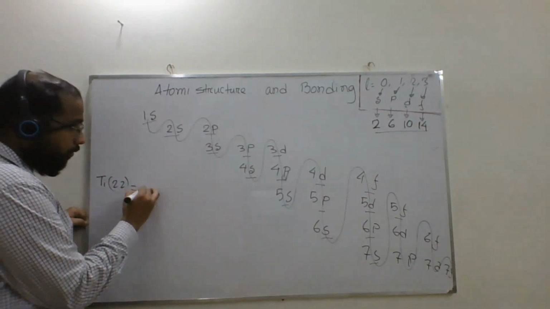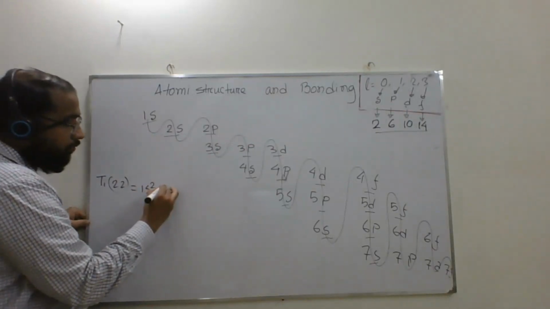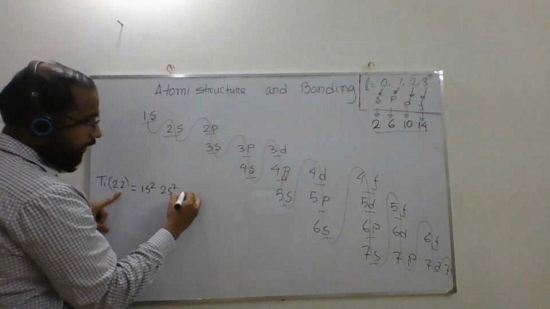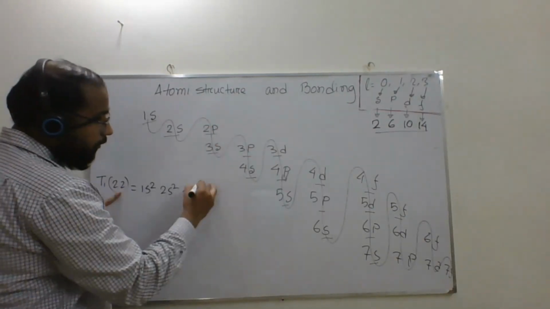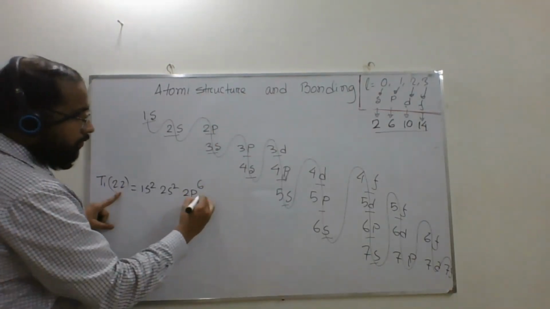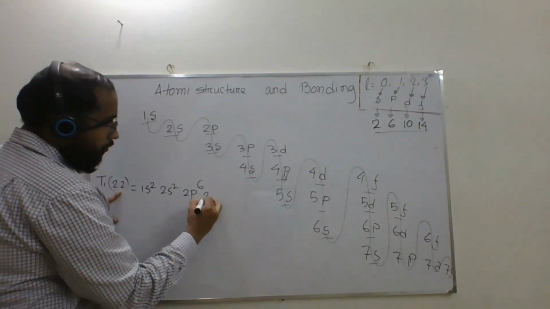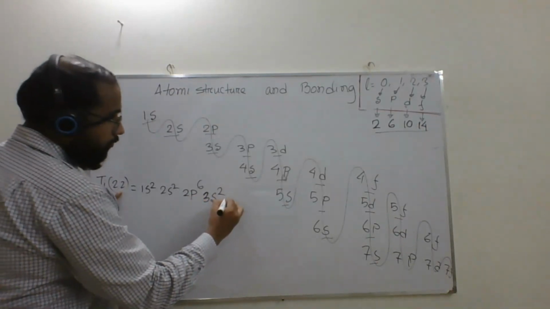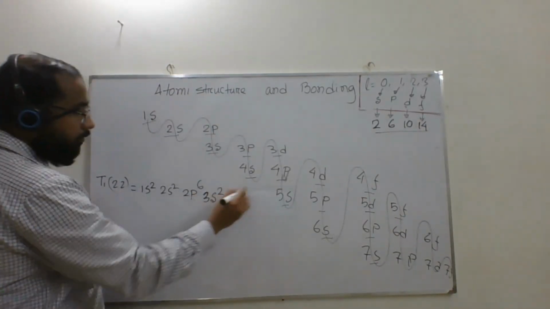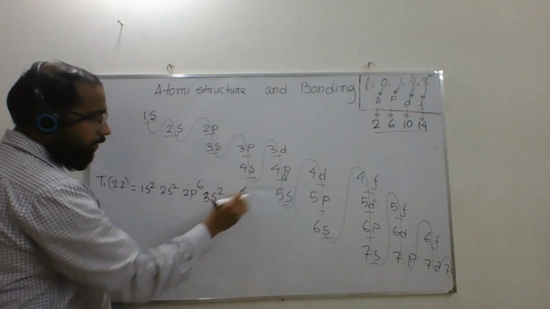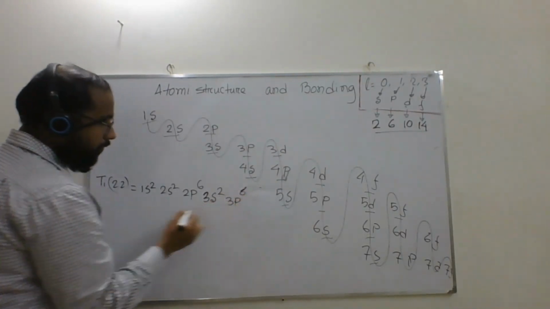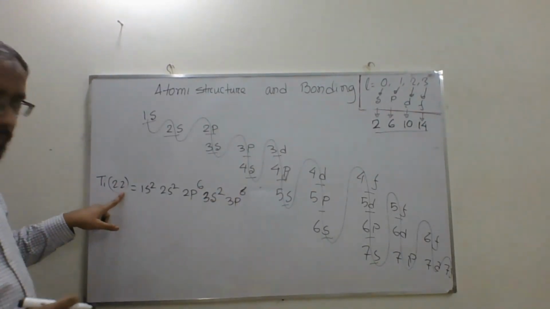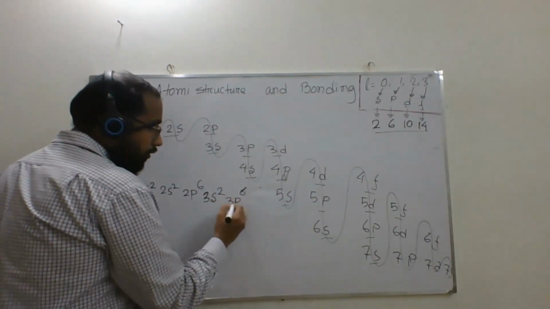We go 1s2, 2s2, so 2 plus 2 is 4, and 18 remain, 2p6, then 3s2, 3p6. That is 10 and 8, 18, and we still have some left.